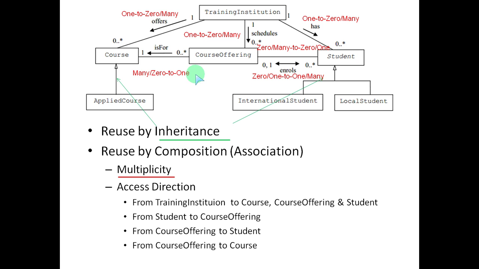Then the case of many to 1 for a course offering means that for one course itself, there could be 0 or many course offerings pertaining to that course, because you could schedule the course or you don't schedule it.